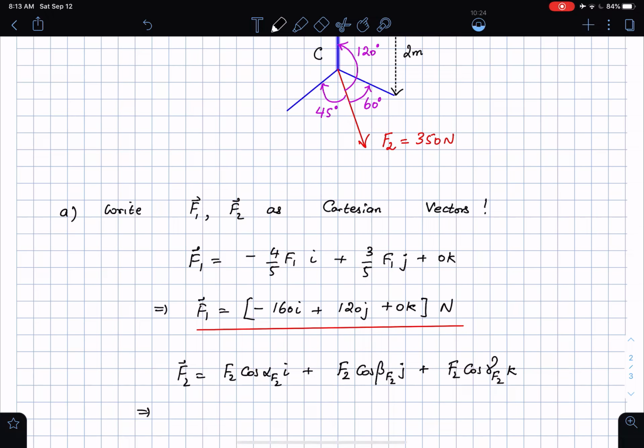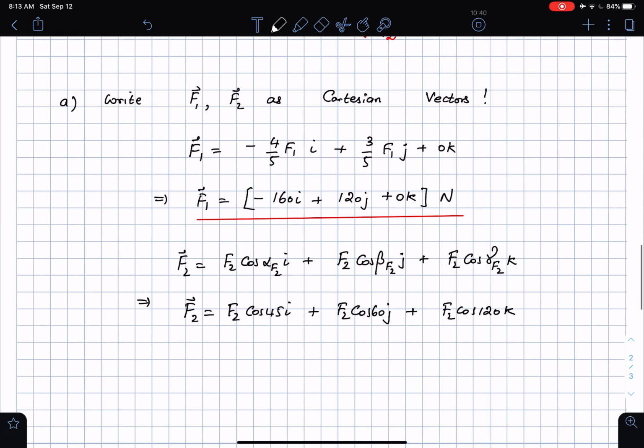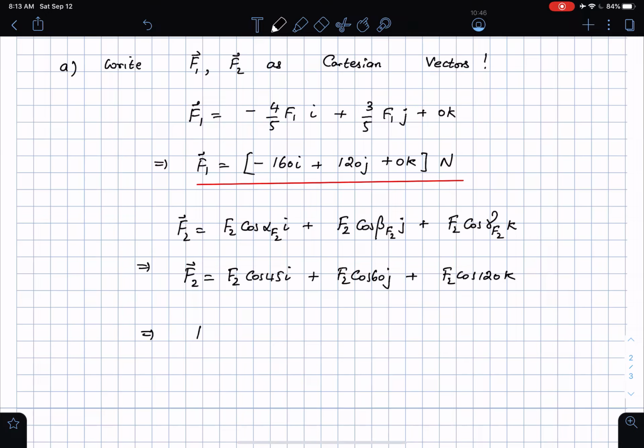So this tells me that F2 is F2 times cosine 45, F2 times cosine 60, and then F2 times cosine of 120 k. Or if I take these values and write them off, then the force F2 becomes the following: 248i and 175j and negative 175k, so many newtons. All right, fantastic.